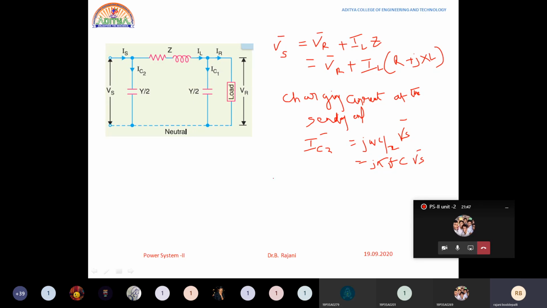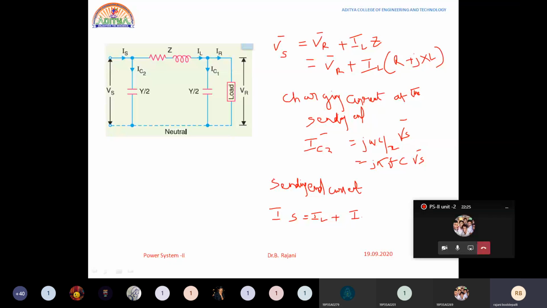Now we need to find the sending end current. What is the sending end current? Is is equal to, how could I write, IL plus IC2.